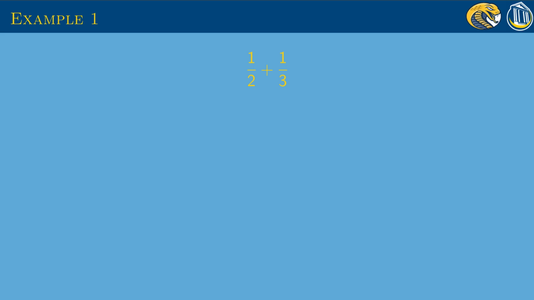1 over 2 plus 1 over 3, these are not the same. And so we cannot use our formula to just add the numerators. Rather, we have to make them the same.